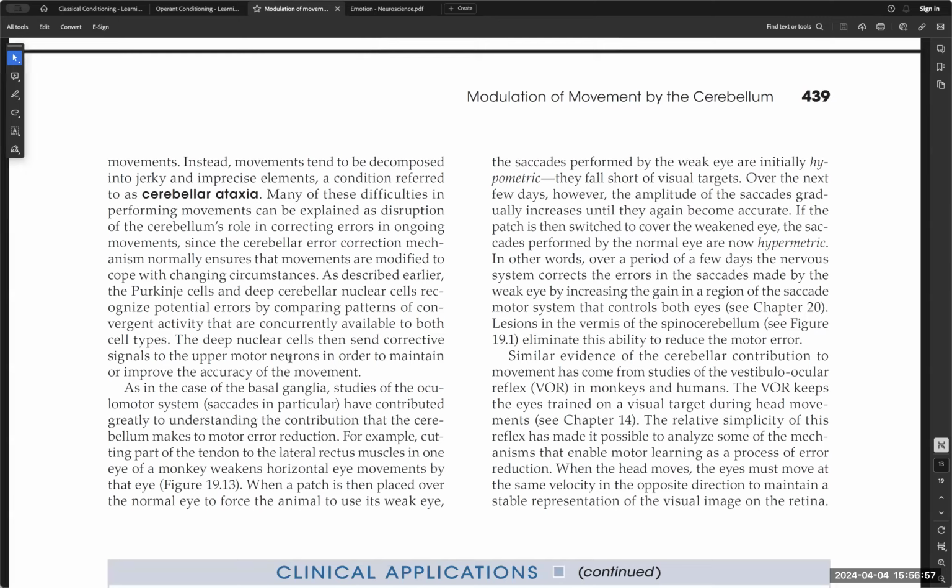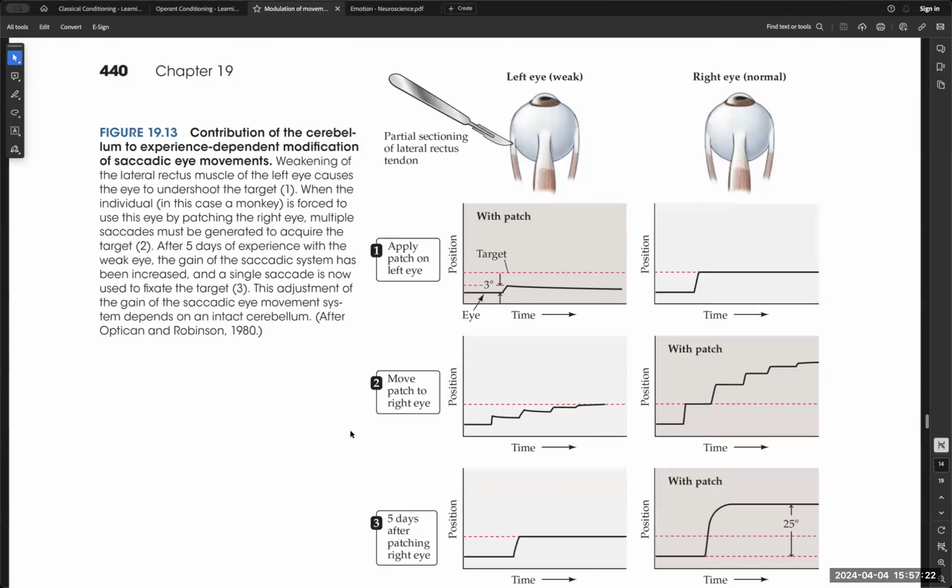Based on that, people started doing experiments to introduce an error in the saccadic movement by weakening one of the eyes. So they cut a part of the tendon of the lateral rectus muscle, let me show you the experiment, in the left eye of a monkey.